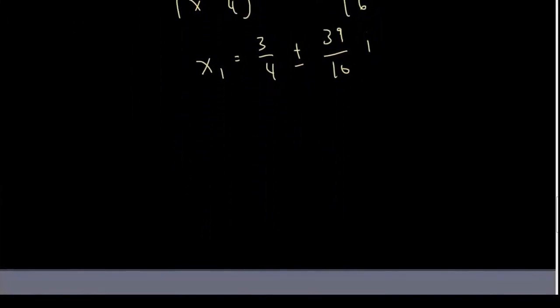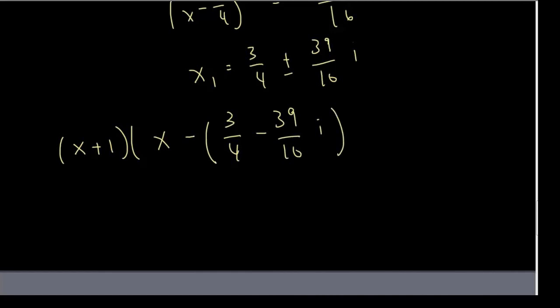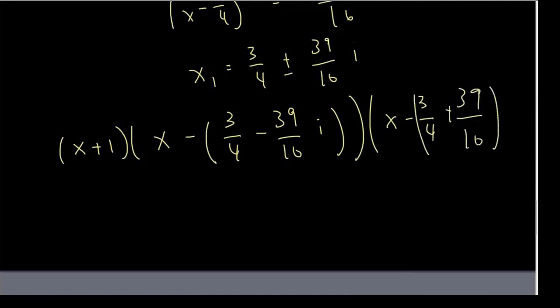Okay, so what are our factors? So our factor is x plus 1, and then there will be x minus 3 over 4 minus 39 over 16i, and then x minus 3 over 4 plus 39 over 16i, like that.